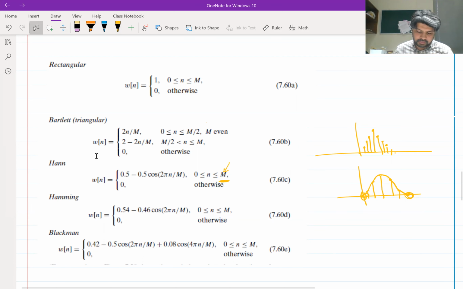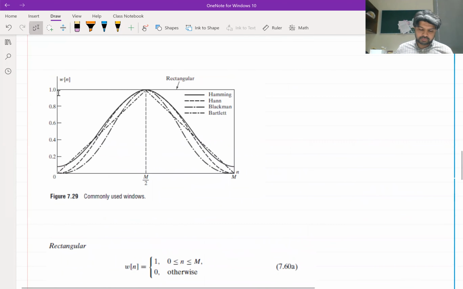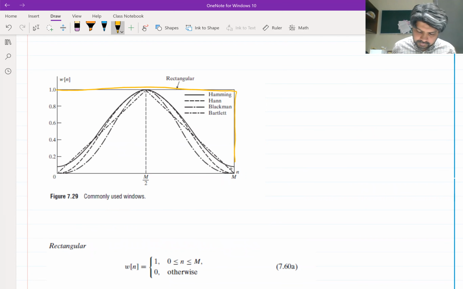So all of these are smoother windows compared to the rectangular window. If you can see here, you have this rectangular window, which is at the top. This is your rectangular window. And then you have these Hamming, Hann, Blackman, and Bartlett windows. There's hardly anything, a lot of things to choose between these windows, but people have different opinions about it.